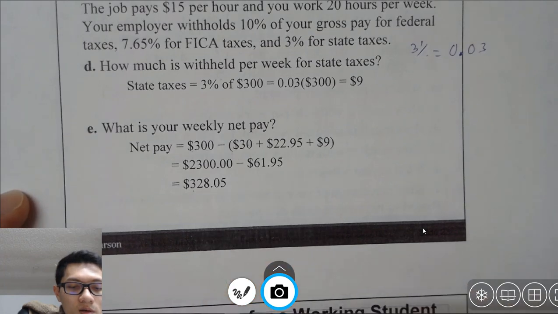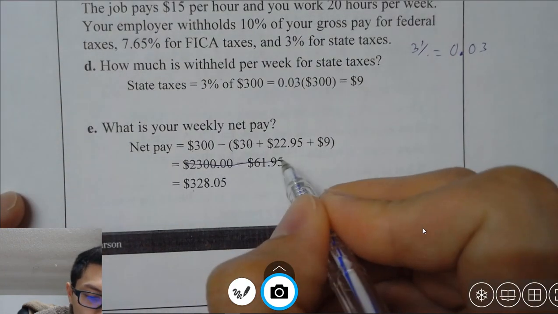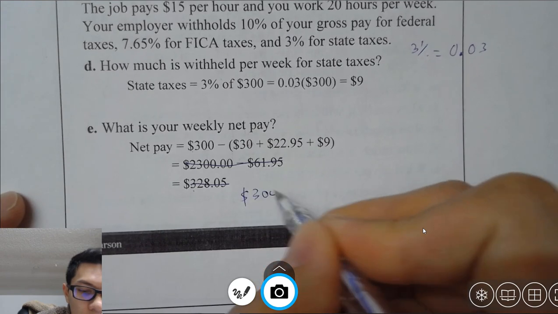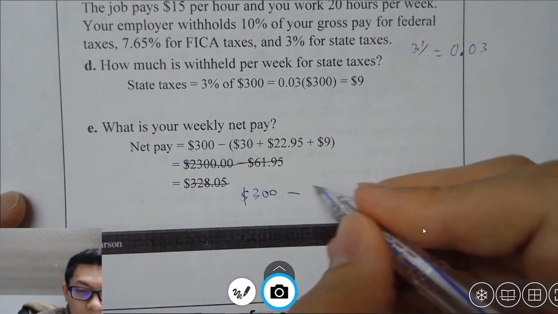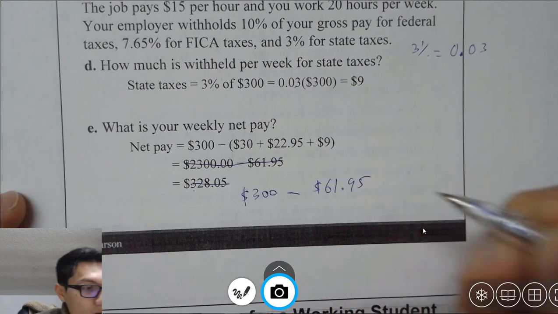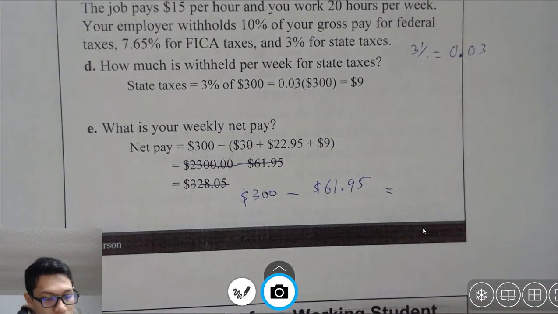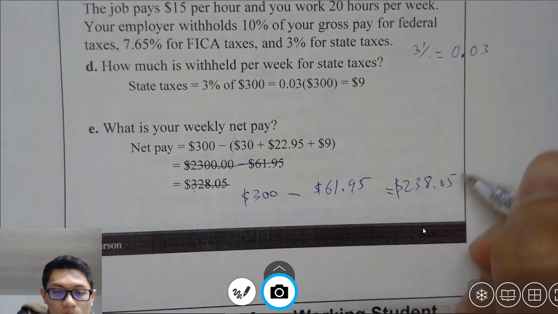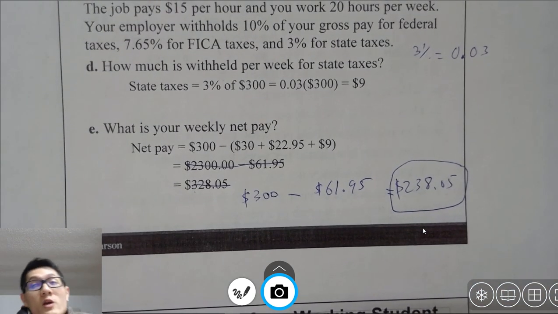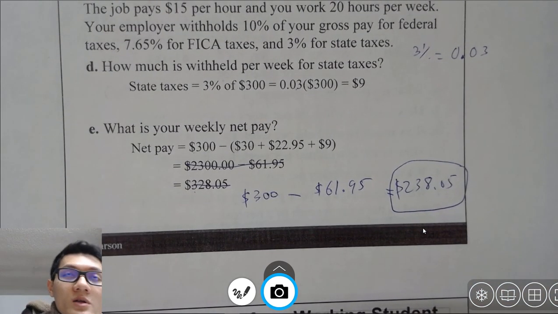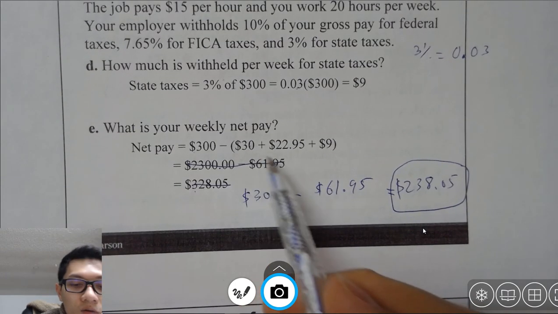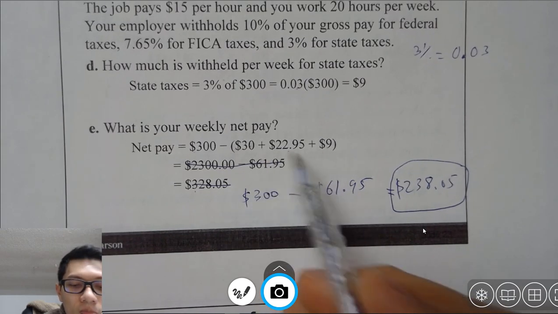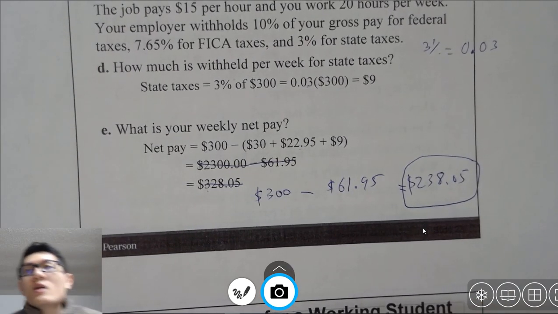Okay, this is again a typo. You got 300, subtract the sum of these three, 61.95. So at the end you should get 238.05. Okay, so even if you make 300 for gross pay, but after you pay your federal taxes, Fica taxes, the state taxes, you only get back $238.05.